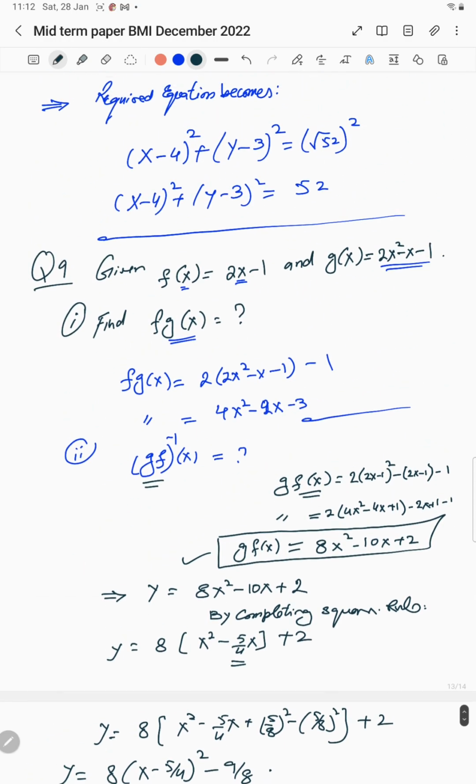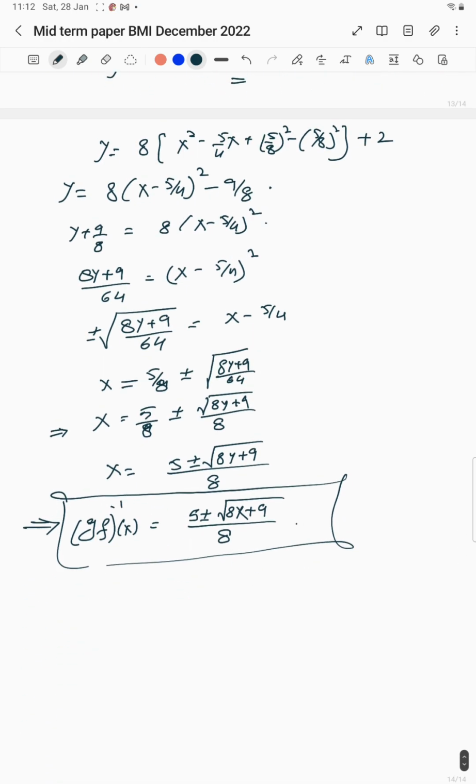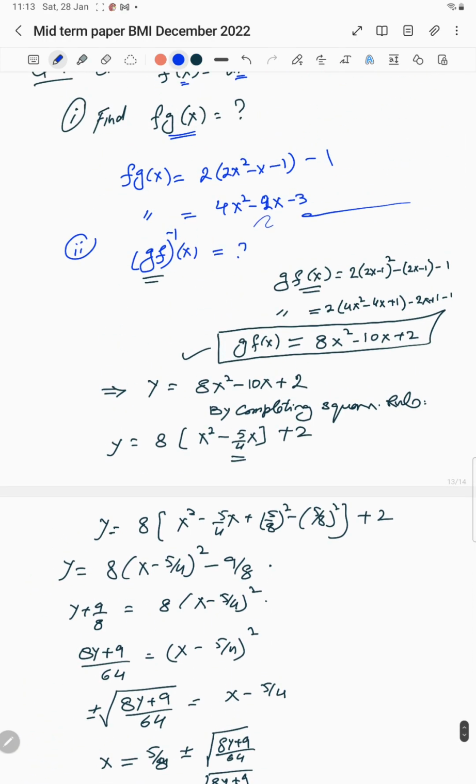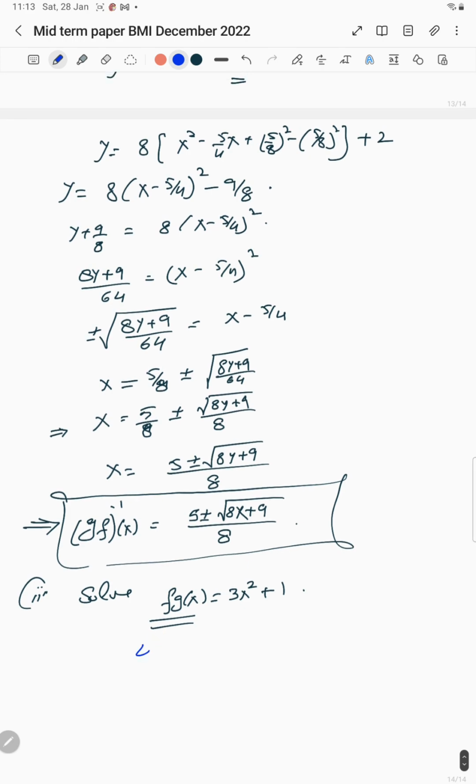Finally, in the third part of the question, he asks us find if possible, solve fg of x equal to 3x square plus 1. So fg of x, we already calculated it in the first part, that was 4x square minus 2x minus 3 and equal to 3x square plus 1.